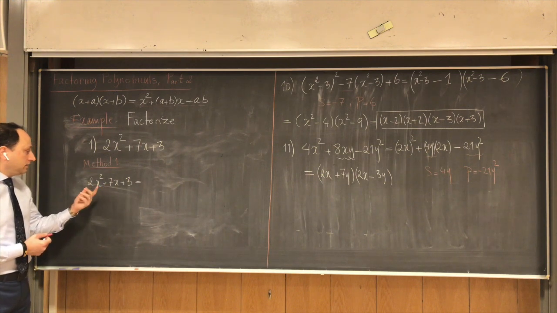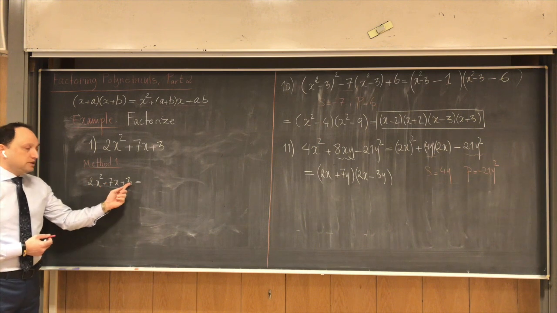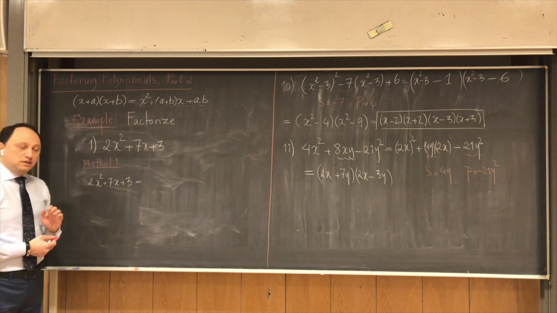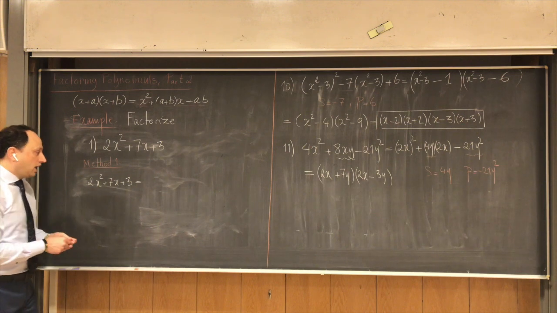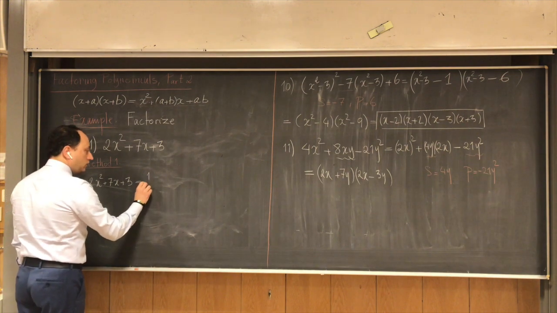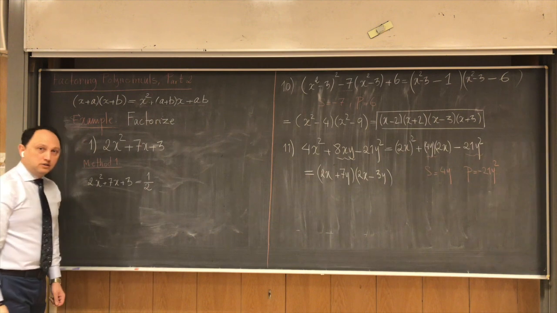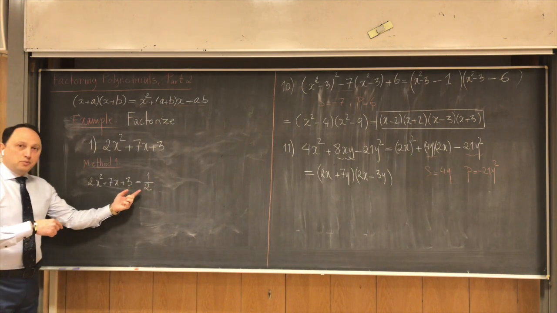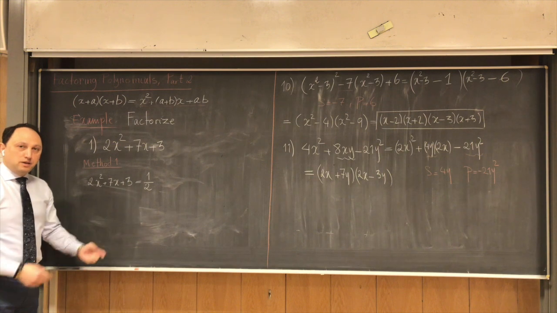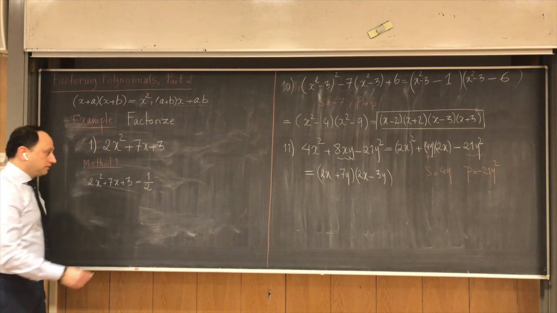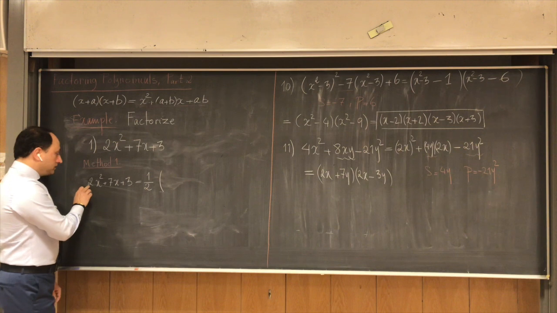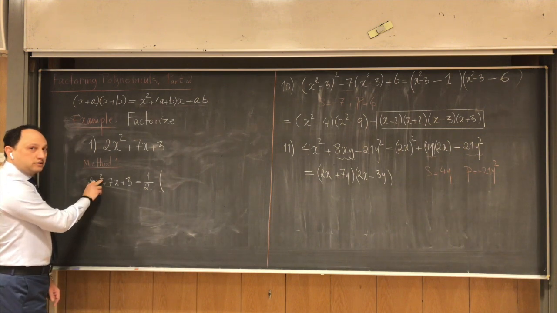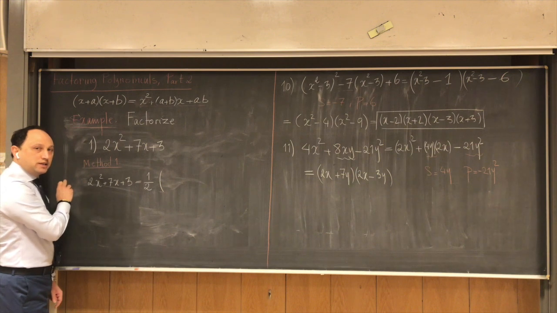What I can do is multiply everything by 2 and then divide by 2 again, or I can write it as 1 over 2. I am dividing this by 2, so to compensate that, I have to multiply this expression by 2. When I multiply this by 2, it becomes 4x squared. But 4x squared is now a complete square.